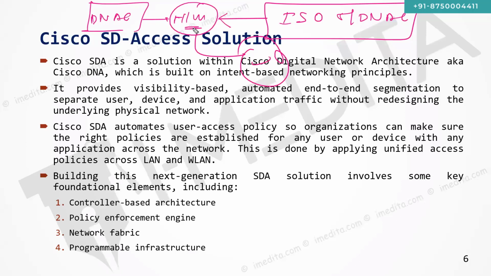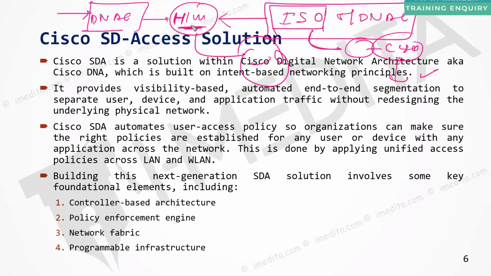So DNA Center is more like a software that you can download from the Cisco website and install on some server, but we have to install that software somewhere. So either you can purchase the hardware from Cisco, or if you have a good resource server, then you can install it on your own server.